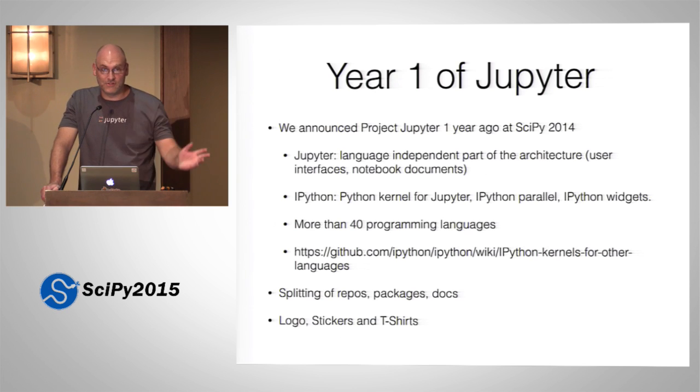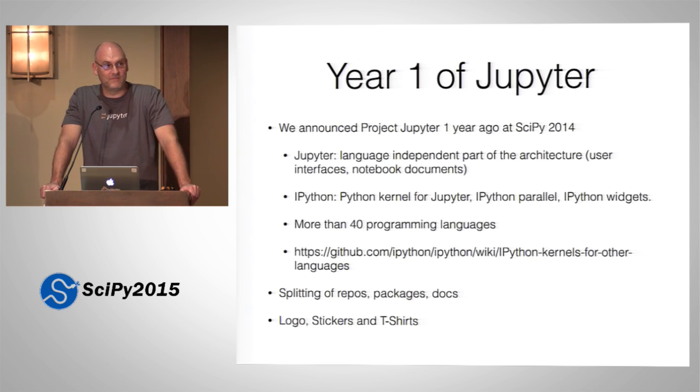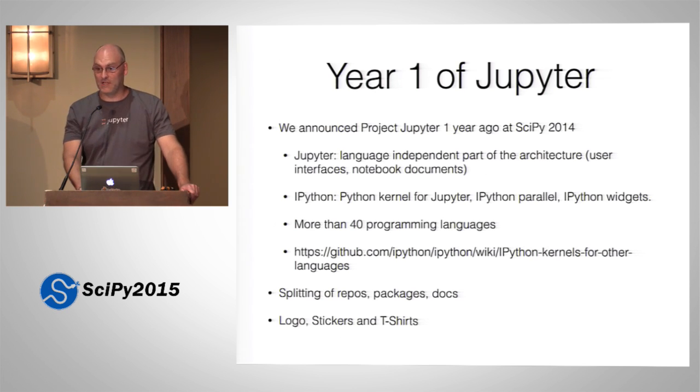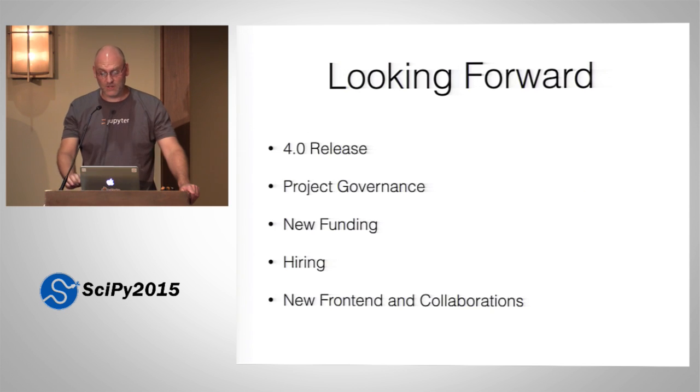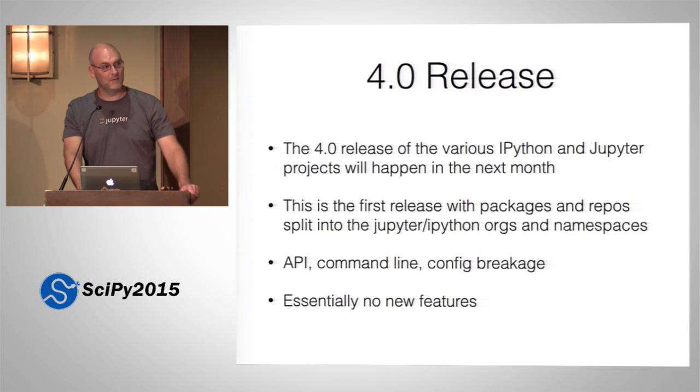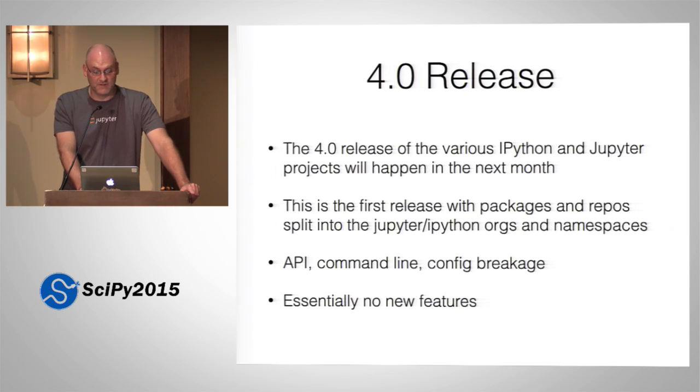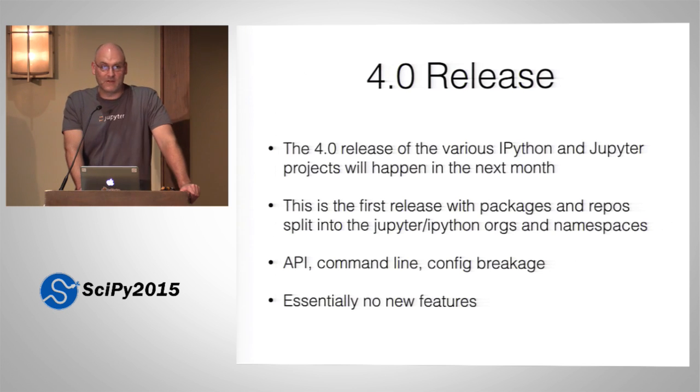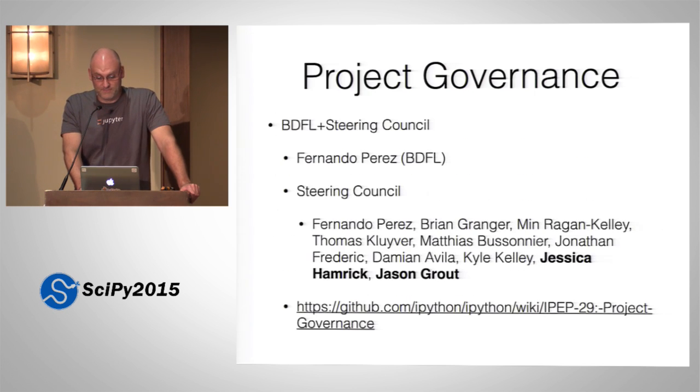And also, as you've hopefully seen, we have designed a logo, stickers, and t-shirts. Looking forward, the 4.0 release, it's coming in the next month. It will primarily be simply a rearrangement of the packaging of the project from a user perspective. There will be some API, command line, and configuration breakage.